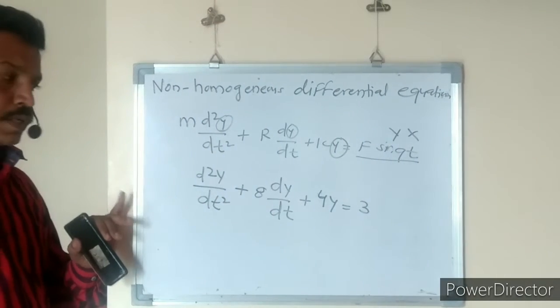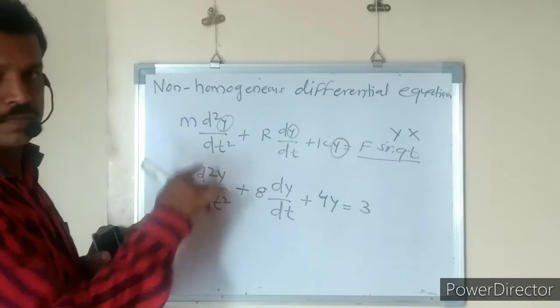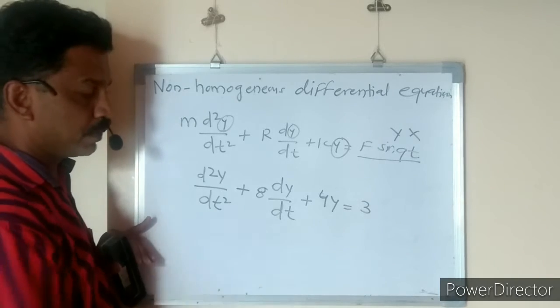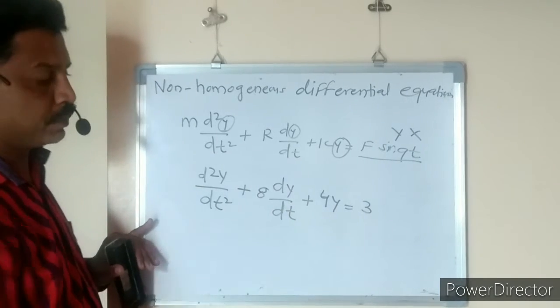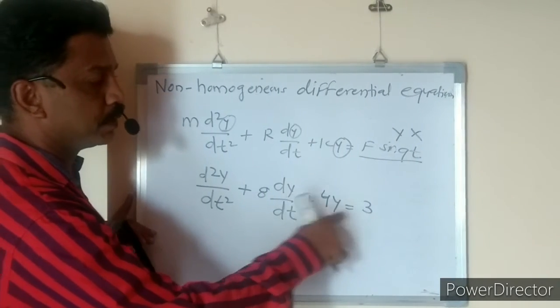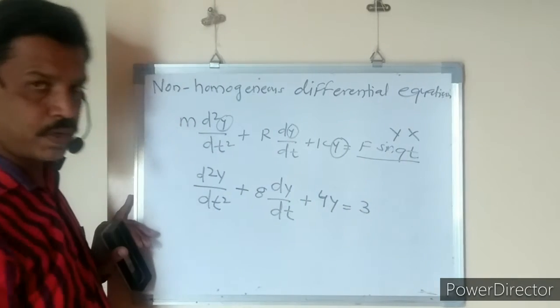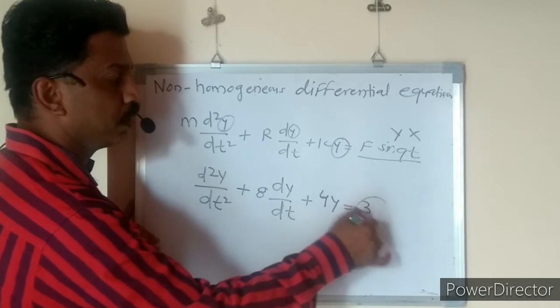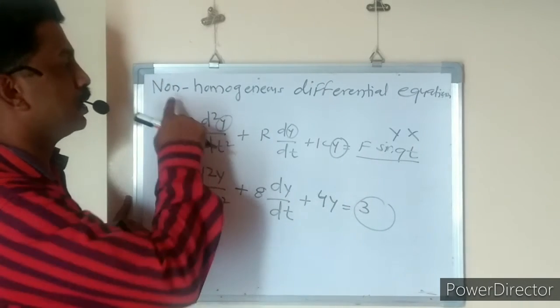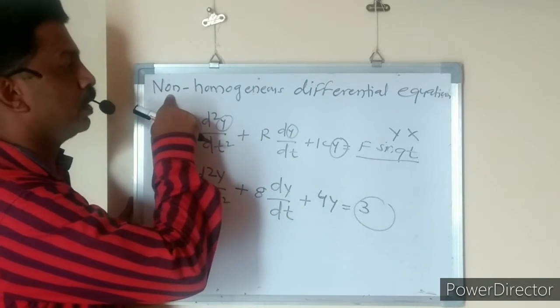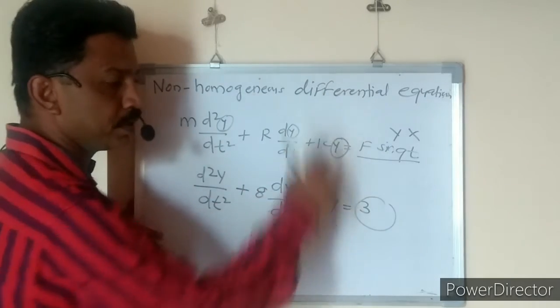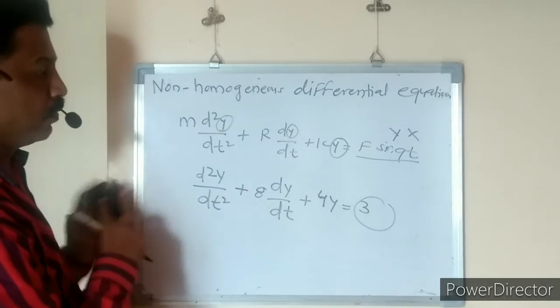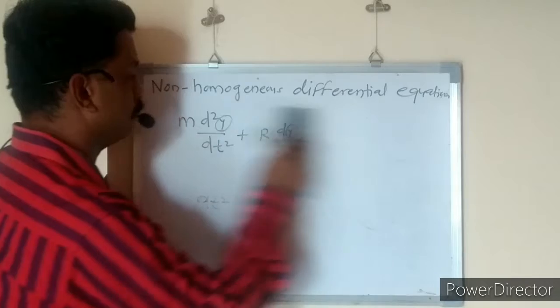Now in this equation also, here y dependent variable is present, here y dependent variable is present, here y dependent variable is present, but here only one quantity, the number 3, is there. Y is not present, so here y is not present, therefore such type of equation is known as non-homogeneous differential equation.